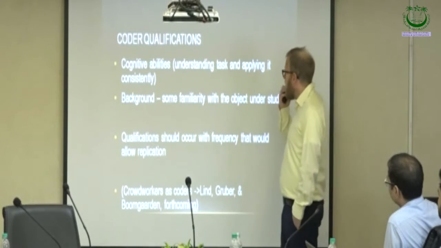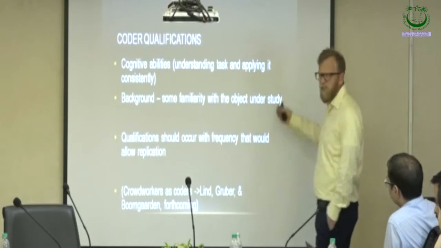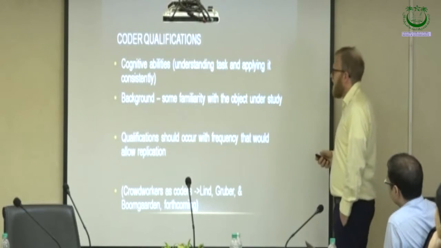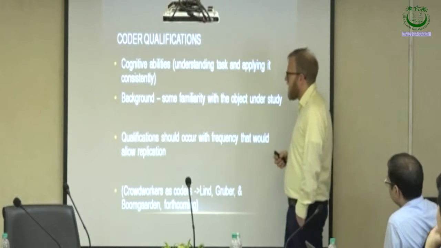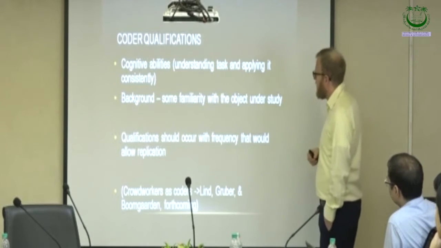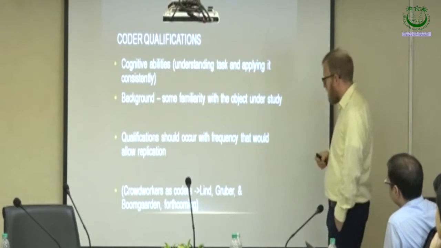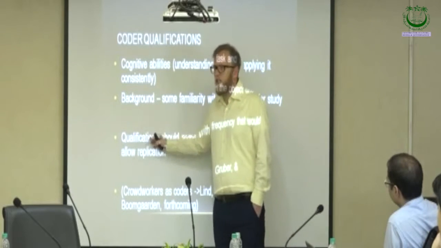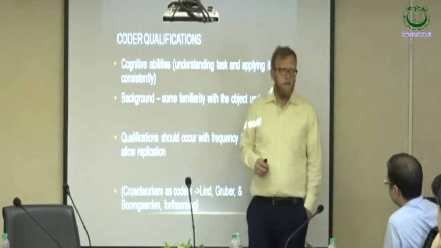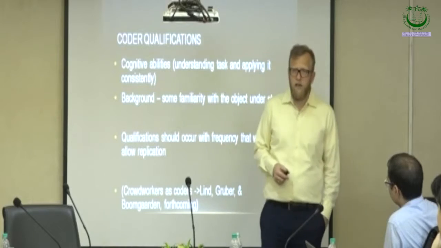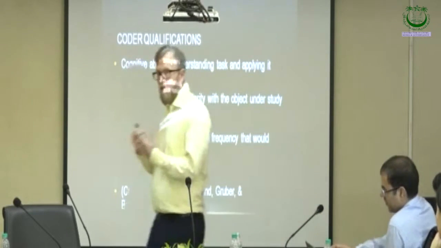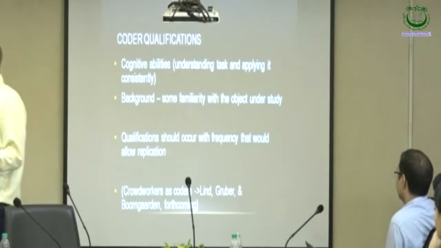Coder qualification, I already quickly talked about that. They should have some cognitive abilities. Understanding the task and applying it consistently should be something. They should have some familiarity with the object under study. But they should also have qualifications that occur in wider populations. Because sometimes you train coders for a year to code something.